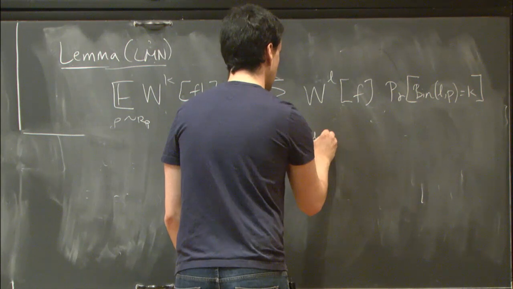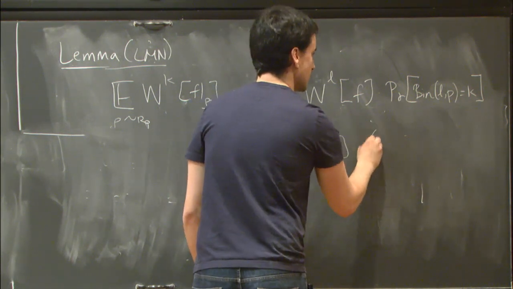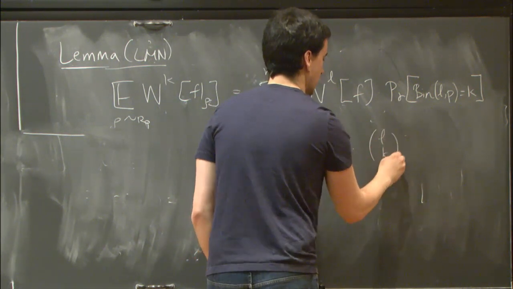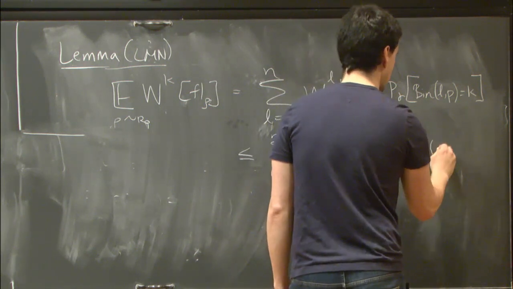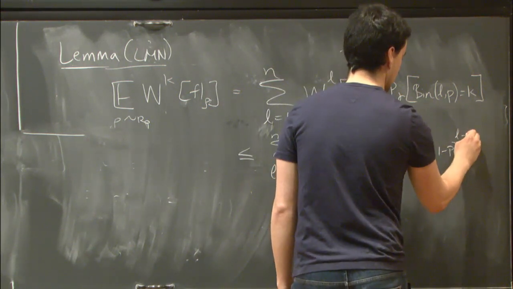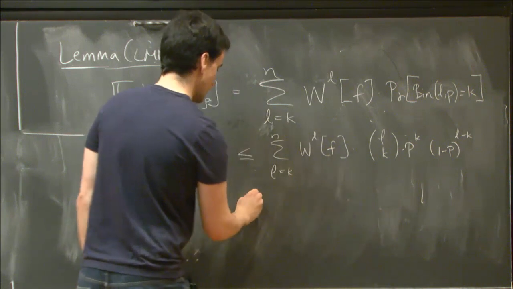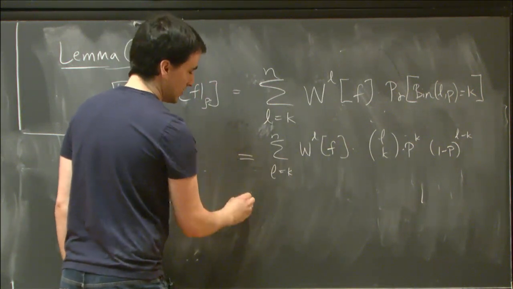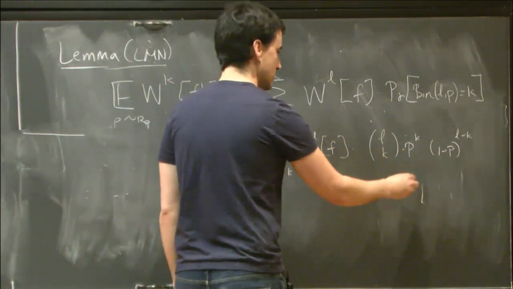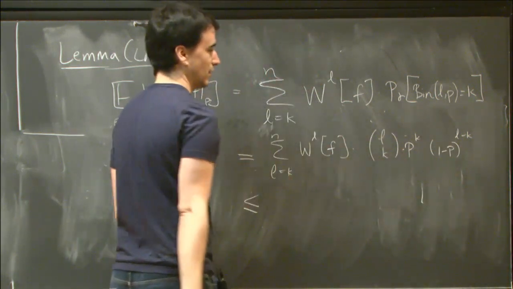This is the weighted level L times L choose K times P to the K times 1 minus P to the L minus K. Right? This is equality, and this is at most. So now I want to remove this thing.